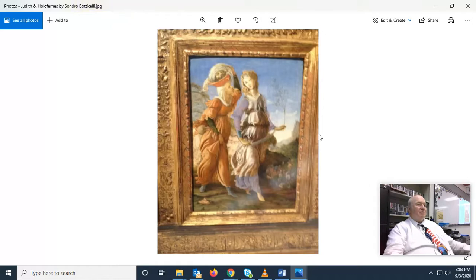Remember I told you that story last Friday, that sometimes there are common themes, common subjects that artists, as they're training, have to recreate, and Judith and Holofernes was one of those themes. Well, this is Judith and Holofernes of the Renaissance.